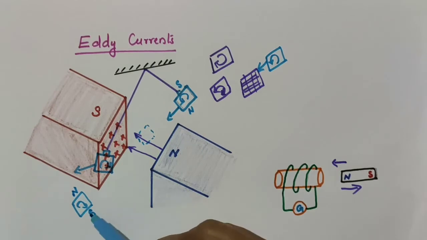So there will be an attractive force between this north and south, no? That attractive force opposes the motion of this copper plate.